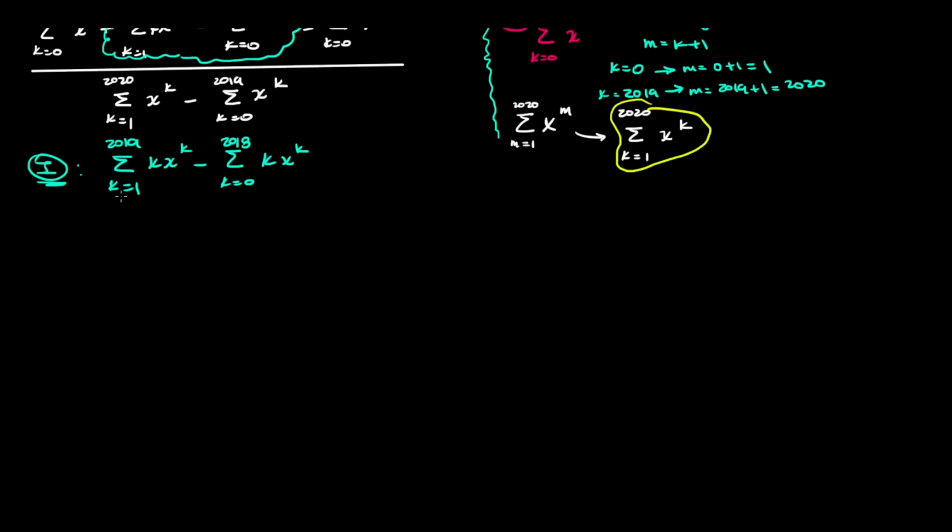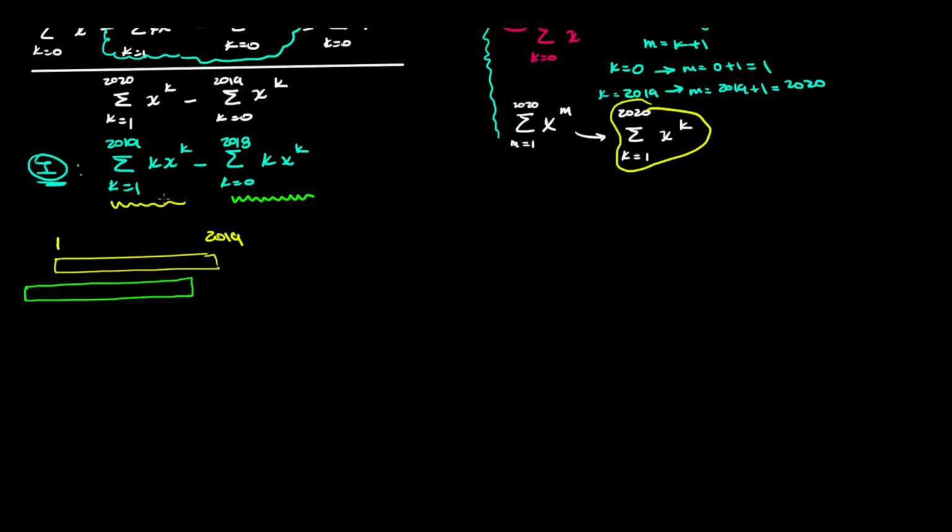I'm going to use yellow for the first sigma notation, and we can represent that like a bar here. We start with 1 and end with 2019. And we can use green for the second sigma notation. We start with 0 and end with 2018.